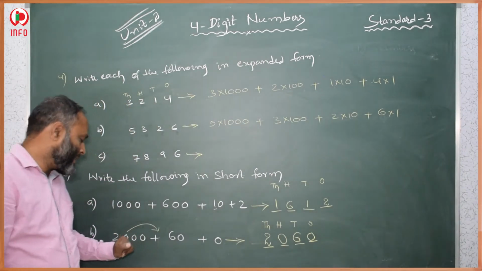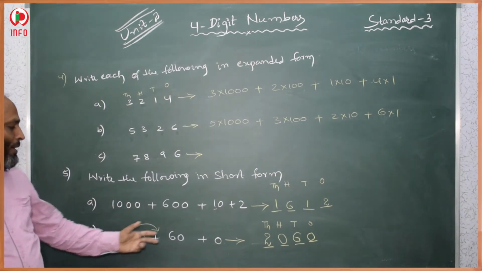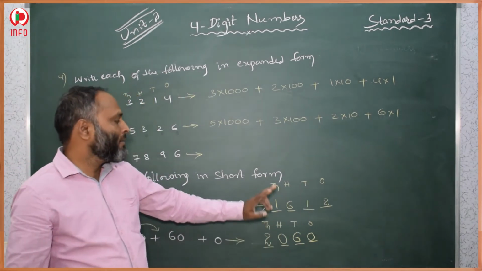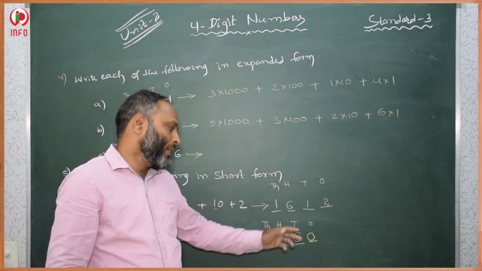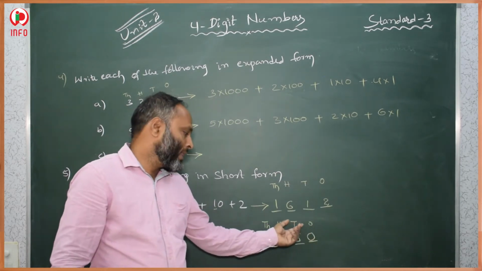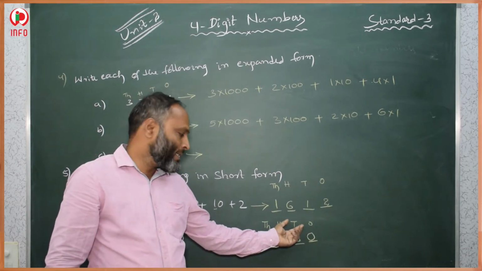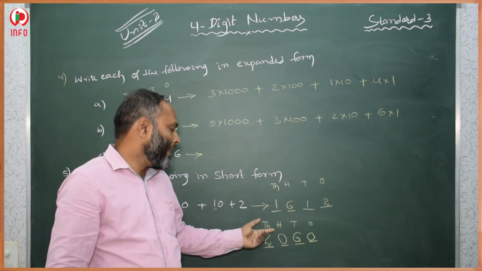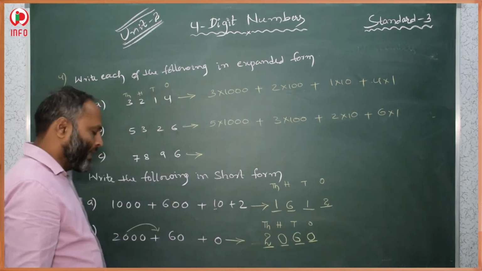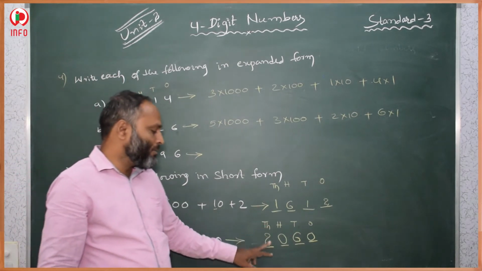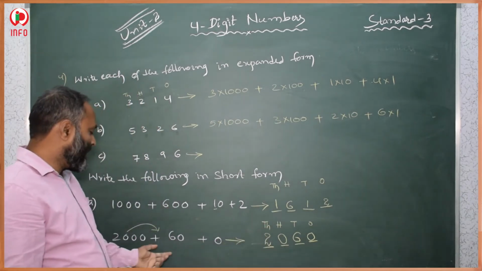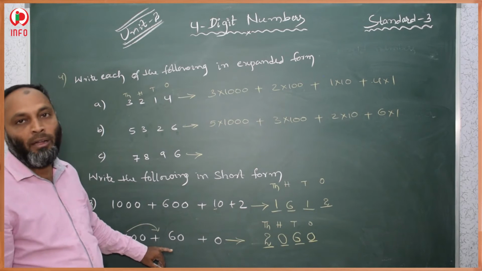Listen once again to this question. First, this is our 4 digit number: first, second, third and fourth. First is ones, second is tens, third is hundreds, and fourth is thousands. You check here, 2000. It means in thousands place 2. After 1000, 100 should come, but here there is no 100.